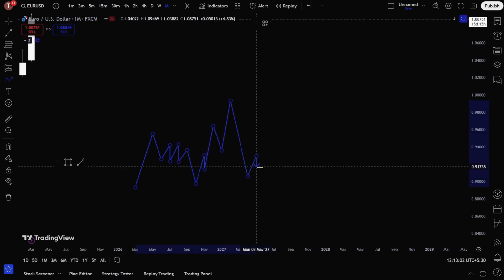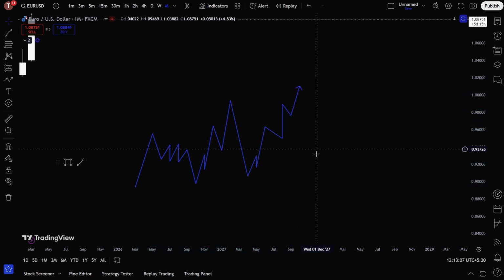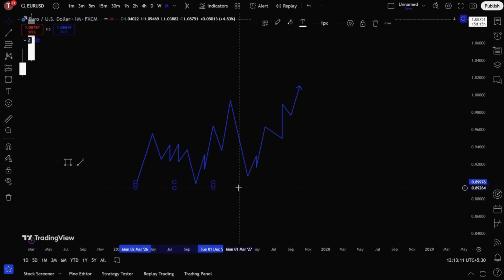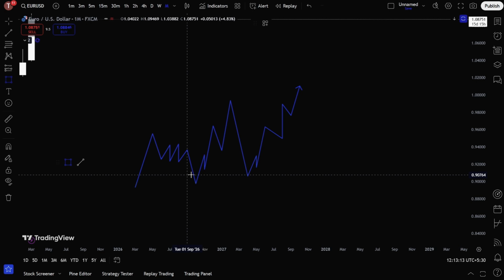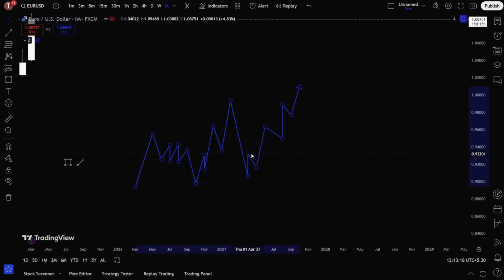This mitigation of previous or strong structures is called order flow. We are going to use this concept a lot, so keep it in mind. I'll be deleting it.